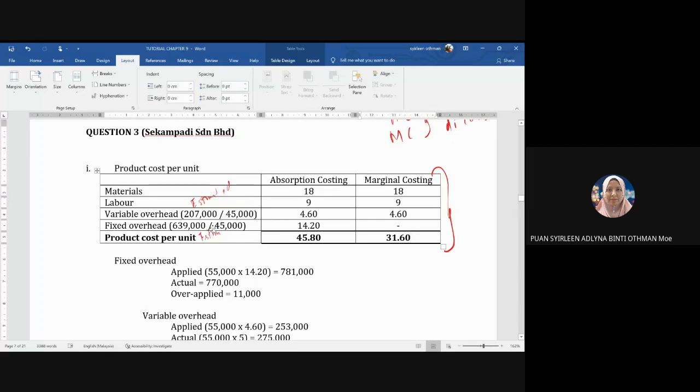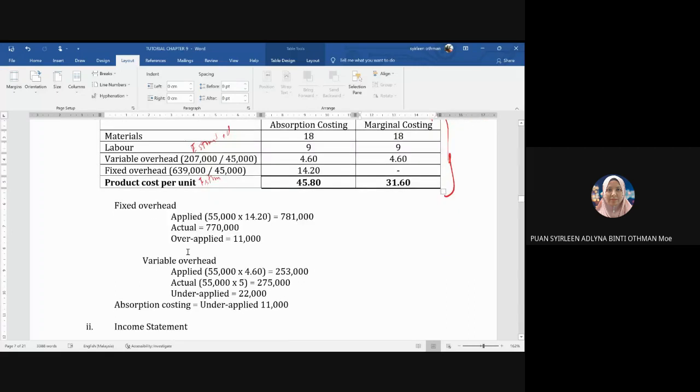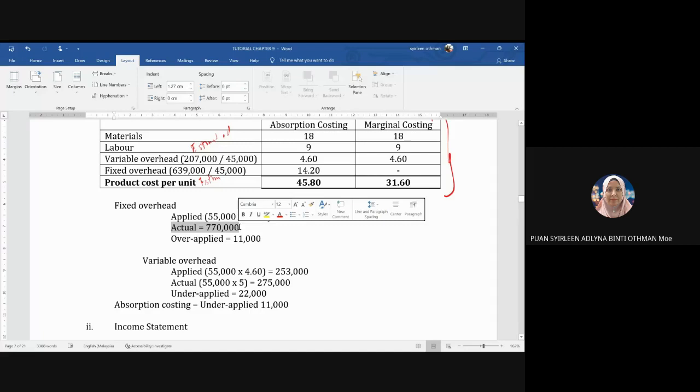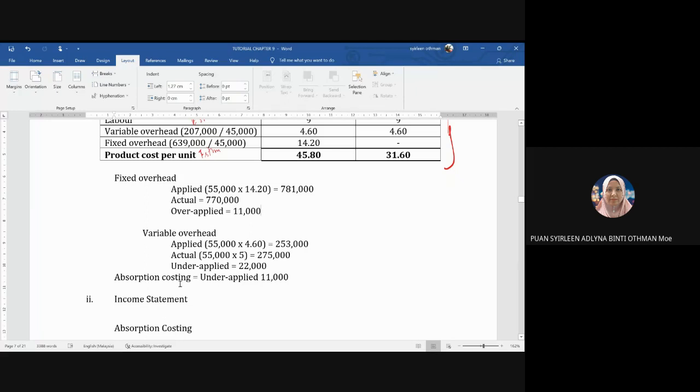Okay. Alright. So now for fixed overhead, your applied is 781,000. Your actual given in the question is 77,000. So ada over applied by 11,000. And variable, applied dia 253. The actual is 275. So you get your under applied by 22,000. So nanti dalam absorption, okay, sebab kita ada over applied dan under applied.